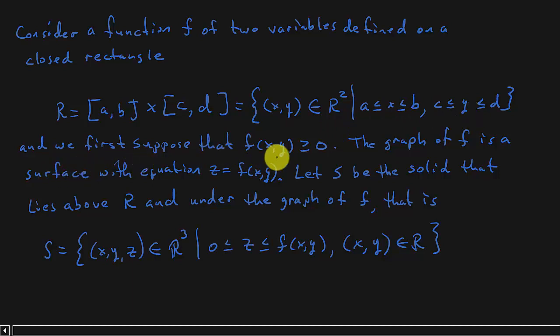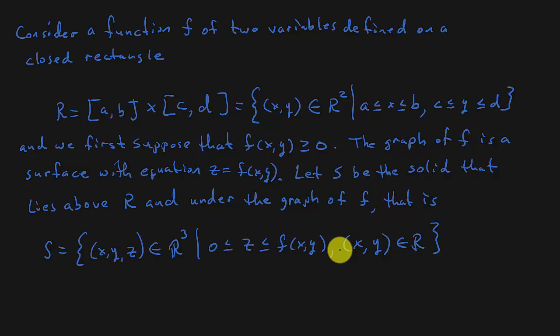We first suppose that f of x, y is greater than or equal to 0, then the graph of f is a surface with equation z equals f of x, y. Let S be the solid that lies above R, above the rectangle, and under the graph of f. So it's like a prism or a rectangular solid.